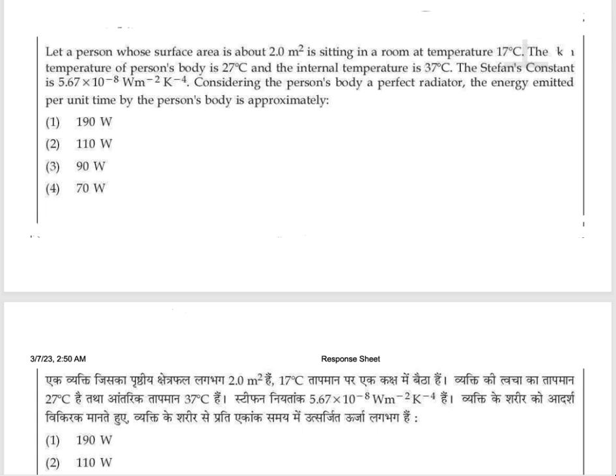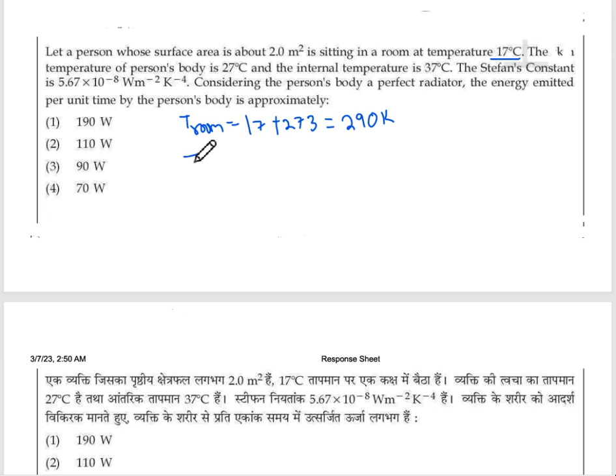Okay. So first, the person is sitting in a room. The room temperature is 17 degrees Celsius, so first I have to convert into Kelvin. So the room temperature becomes 17 plus 273, which is 290 Kelvin.